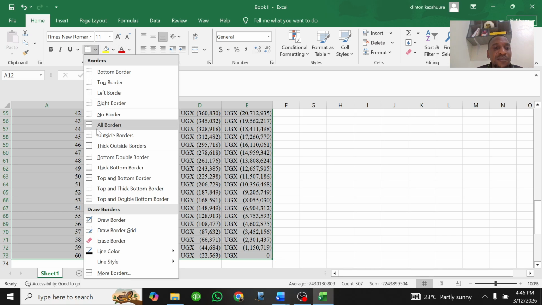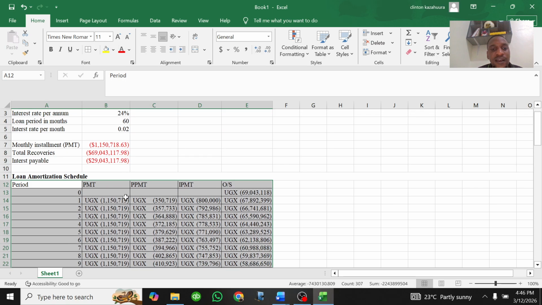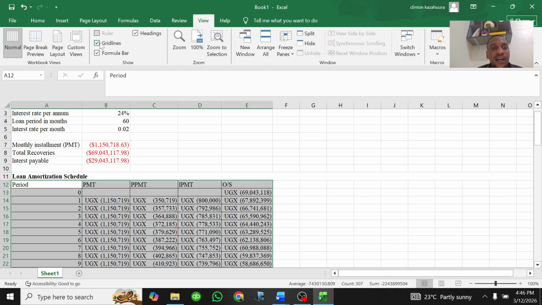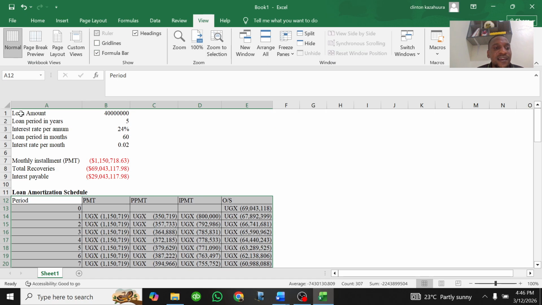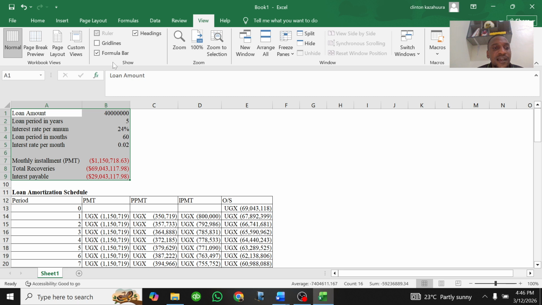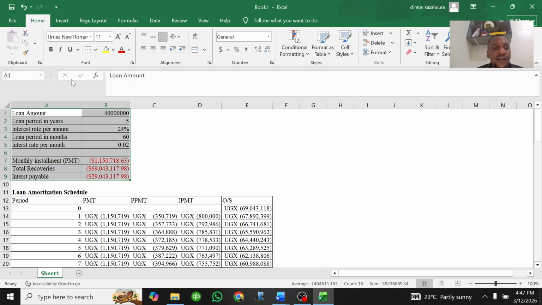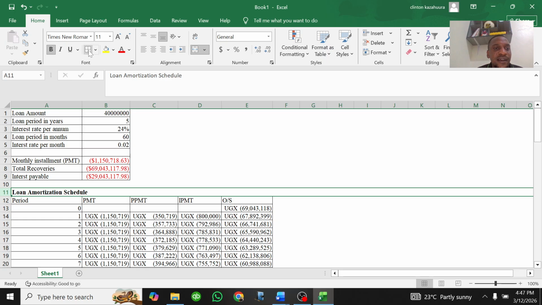So I can add some grid lines here, the borders. Then you can go to view, remove the grid lines. Then also this section, I can decide to add some borders. Then also this is the heading, I can decide to underline it.